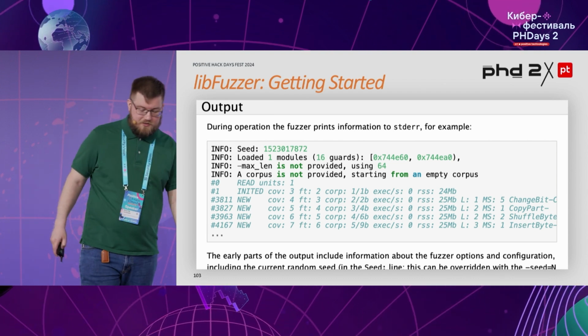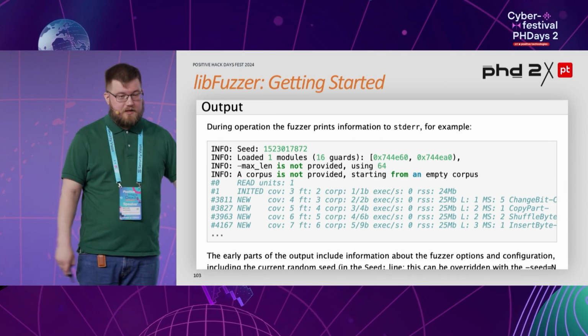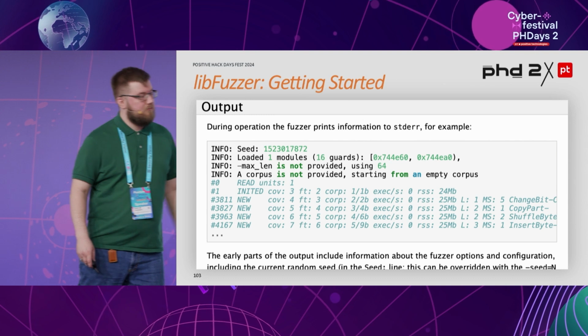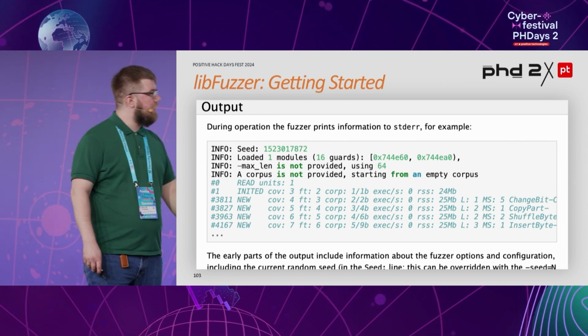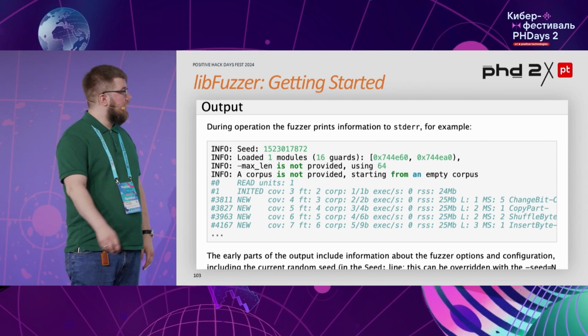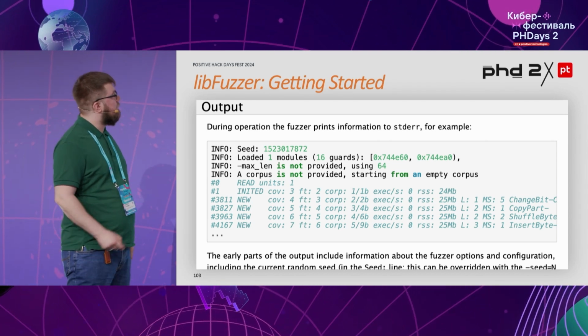This is the beginning of the expression because I was out of space, but it shows the mutations used by the fuzzer. For instance, change bit or copy part, shuffle the array, shuffle the database, and so on.